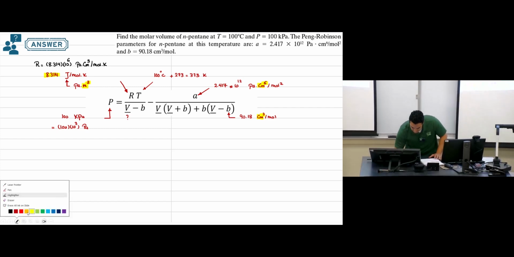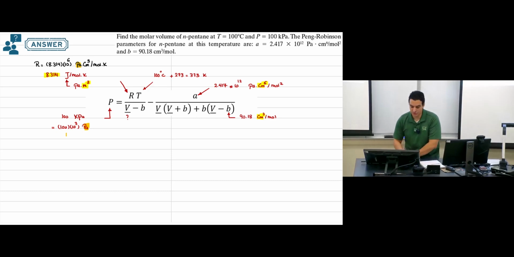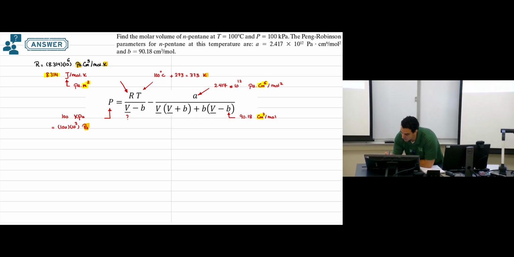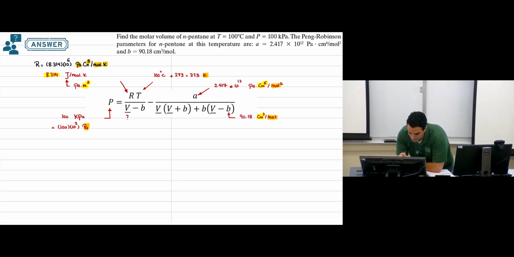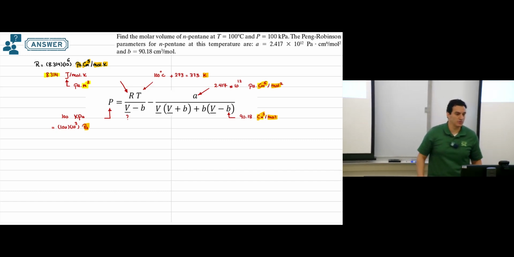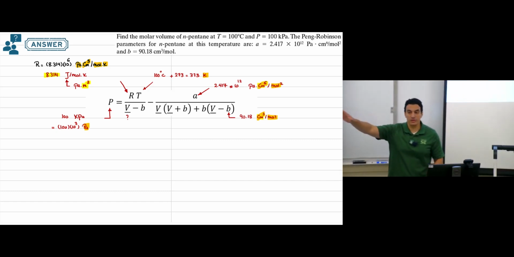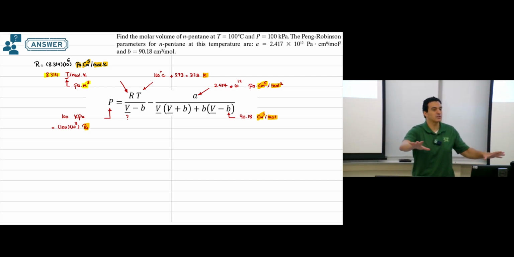Here we have Pascal, SI system, here we have Pascal. These are consistent. Temperature in Kelvin, temperature in Kelvin. We have mole, mole, mole. Then centimeter cube, centimeter, centimeter. So now we have consistency in the units. Not all of them are in the same system of units, not all of them SI, but we have this homogeneity of the equation.